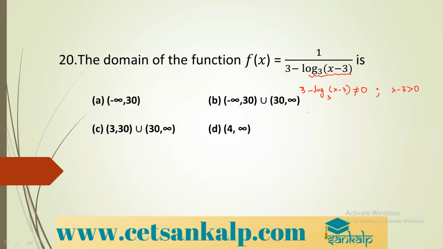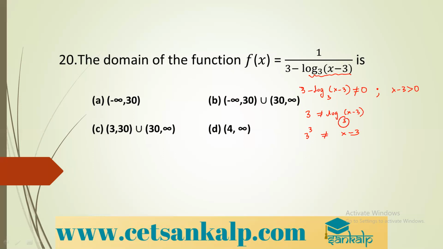The first condition: 3 should not be equal to log of x minus 3 base 3. Or how can I write? 3 power 3 should not be equal to x minus 3, because I am changing the log to exponents.